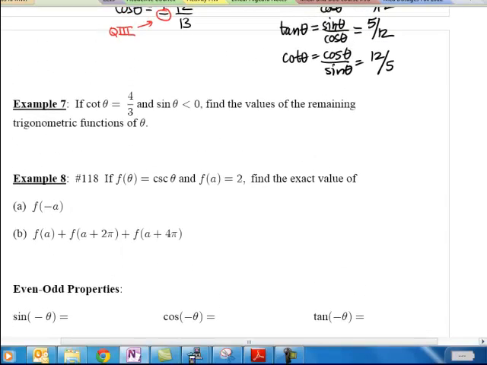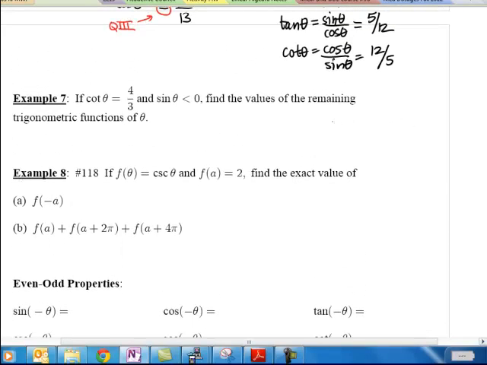Example 7 here is another one where we could probably use a little more space, but it's similar to example 6. It's just a little trickier because instead of being told the exact quadrant, we're given a value for cotangent, and then we're told the sign, S-I-G-N, of the sine function. So again, if we've got the cotangent value, what we want to do is use a Pythagorean identity to get started. And the one involving cotangent, we could go and look it up, or we could start with the one we know.